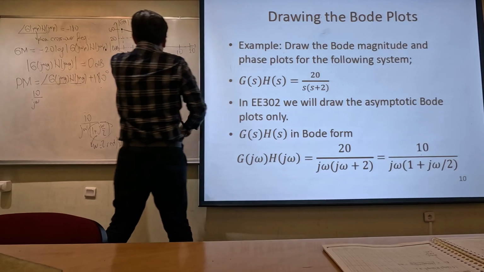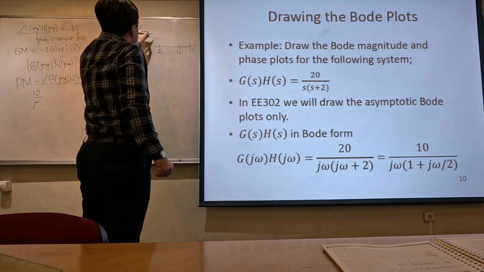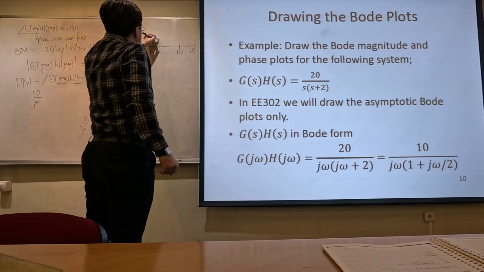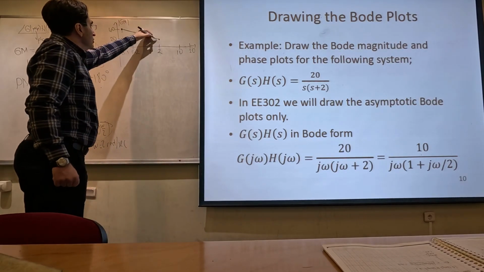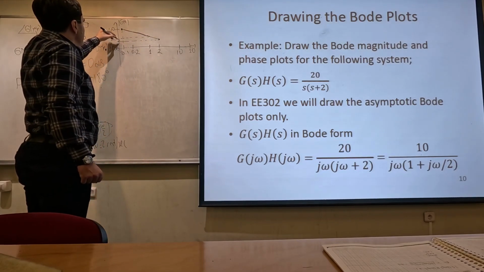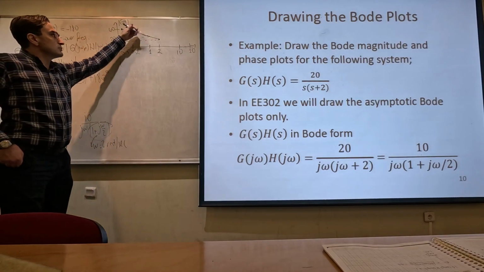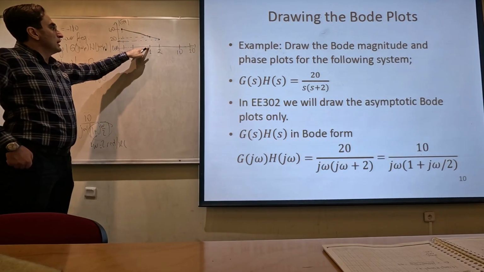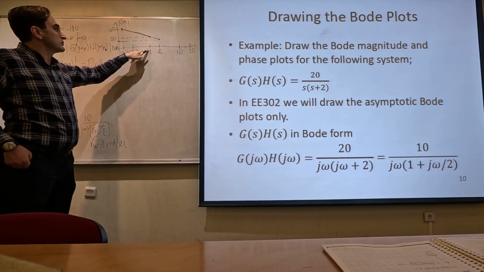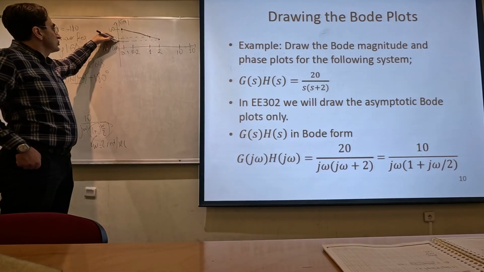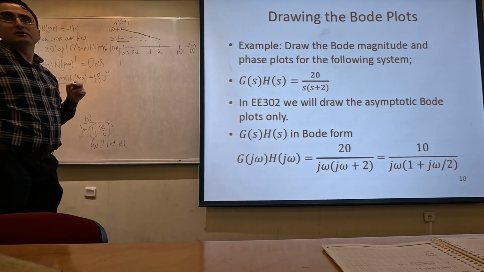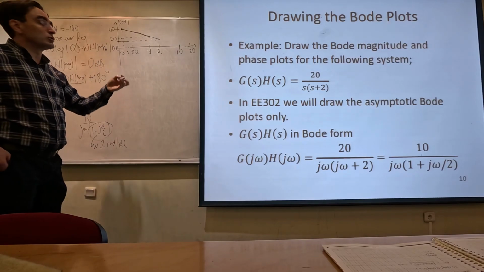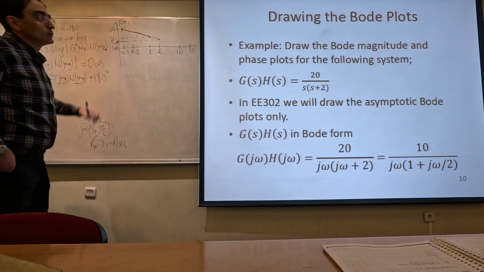This minus 20 dB per decade line is going to continue until the corner frequency. At this point, I'm at 20 dB magnitude. This frequency is twice the frequency here. So what is going to be the magnitude in dB scale? Yes, 20 minus 6, it's going to be approximately 14 dB.